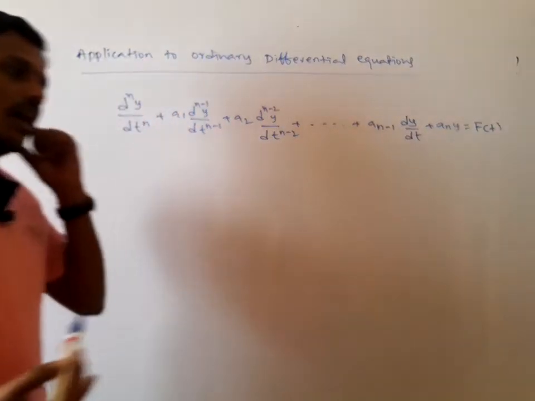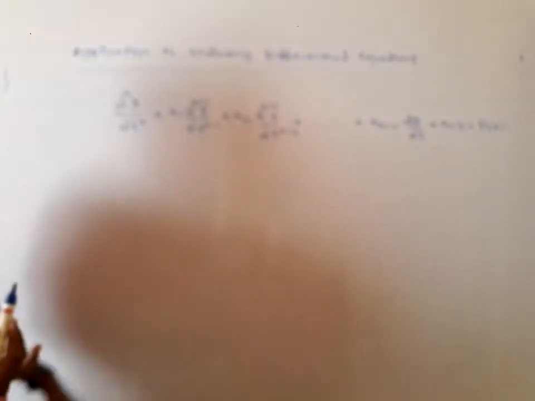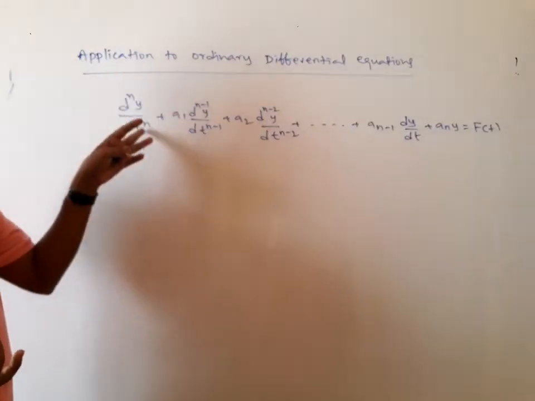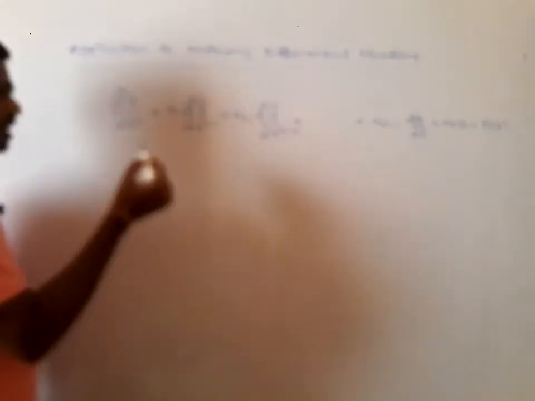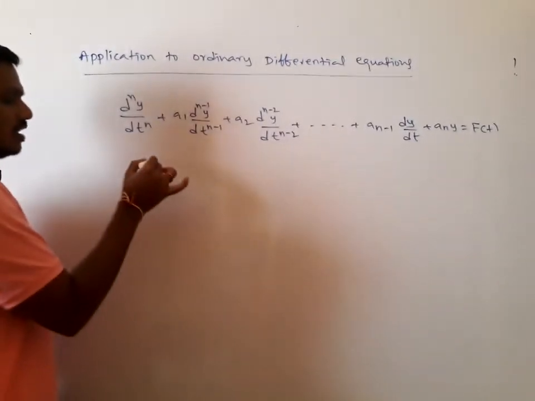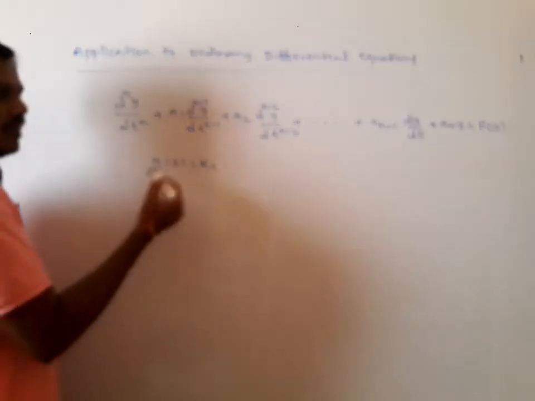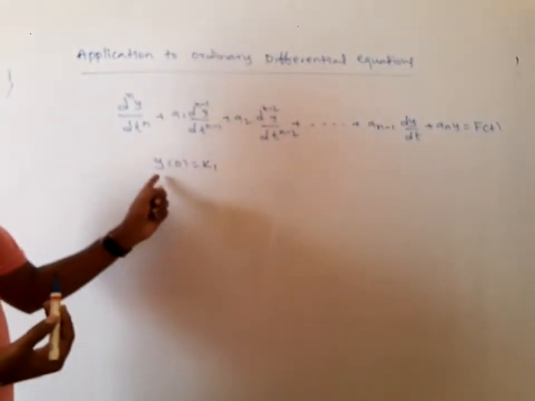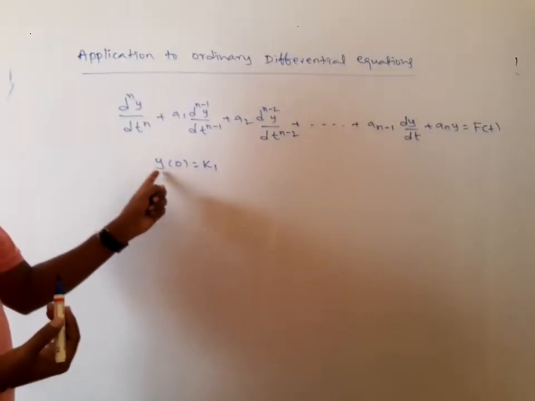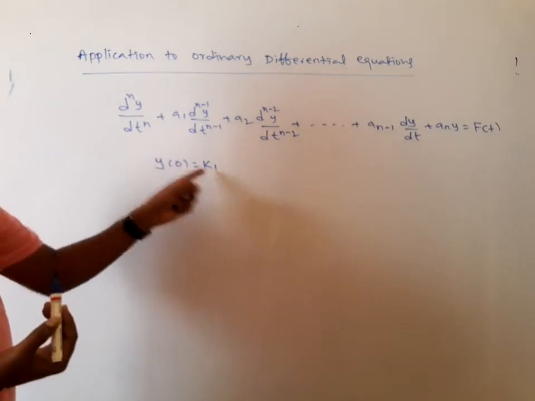This is the nth order linear differential equation with the dependent variable y and independent variable t, with the initial conditions also given. It is y of 0 is equal to some k1. What is the meaning of y of 0? At t equal to 0, the y value is k1.